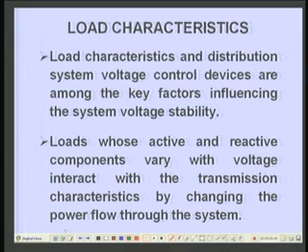The next important component of the power system which affects the voltage stability is the loads and their characteristics. I have discussed the load characteristics in the previous lecture. There are certain loads which can be considered as constant P and constant Q loads.